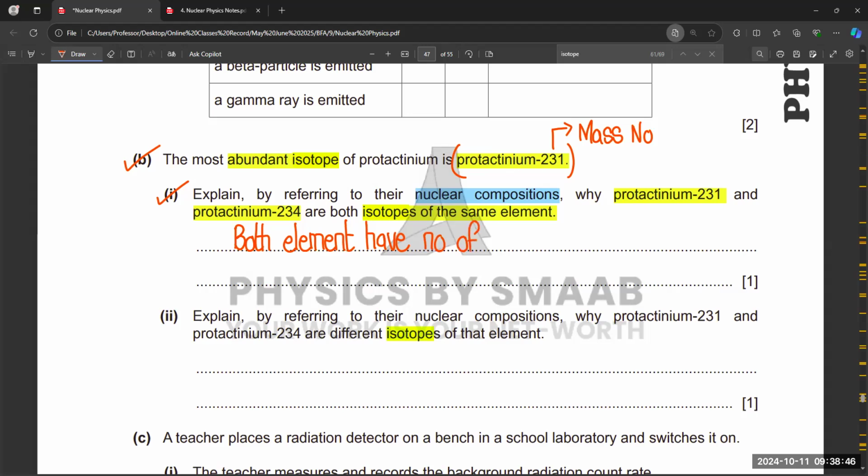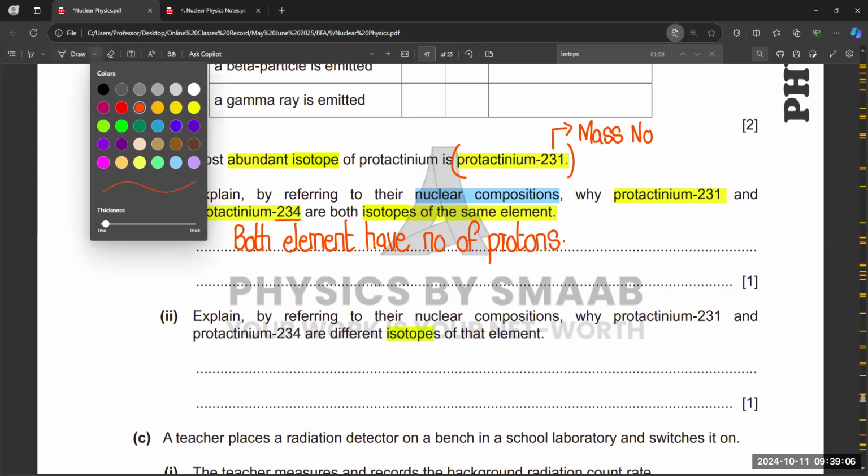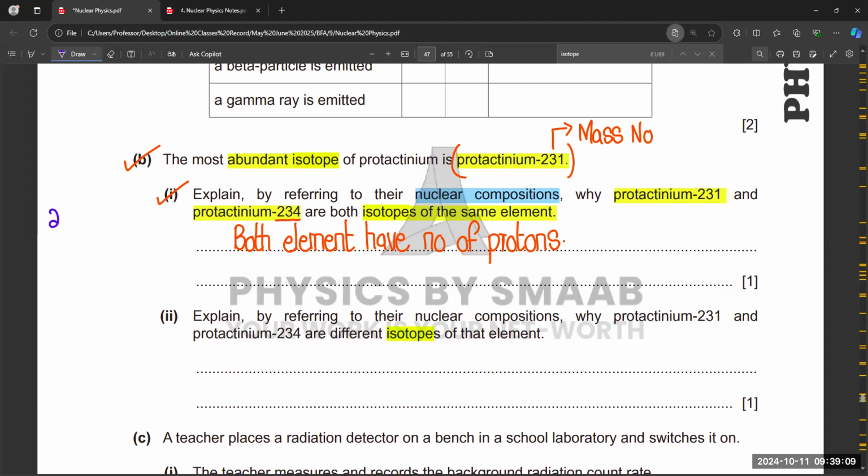So what change made it an isotope of the same element? Basically, you can see we have 231 and 234, right? So they have the same proton number. If you compare both quantities, 231 and 234, what is the difference of the values?